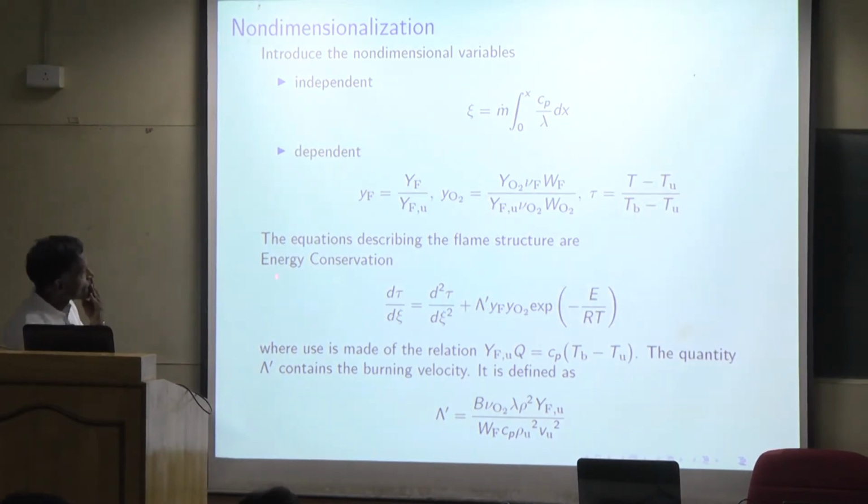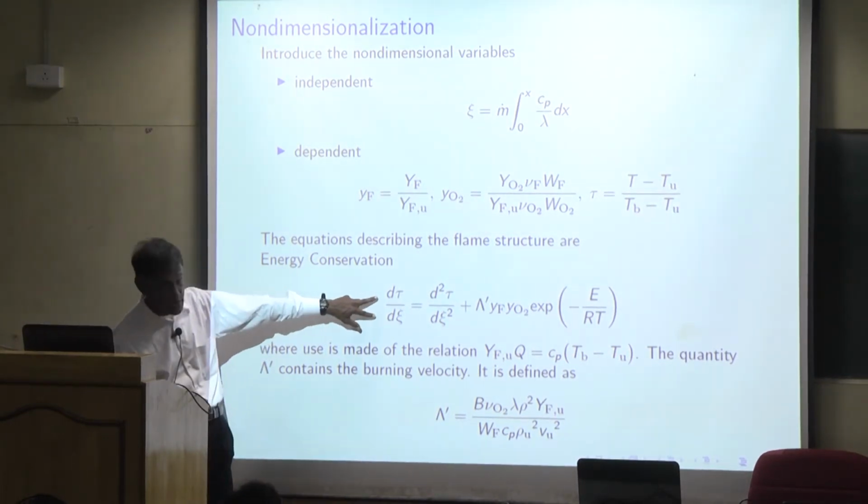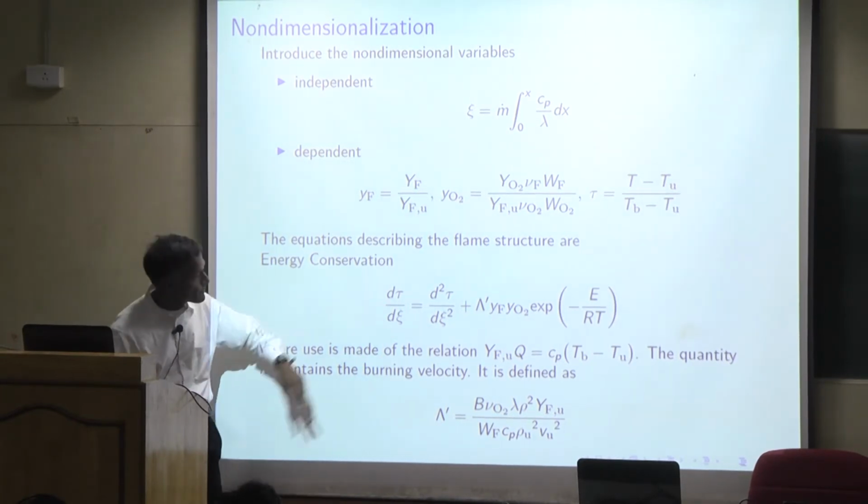So now, the equation describing the flame structure. This is the equation that you get once you take this and substitute into that equation. Of course, I have used the relationship that YFU times Q, the initial mass fraction of fuel times the heat release, must be equal to Cp times Tb minus Tu. Okay? So the central point is that this is now the energy conservation equation that appears, all right?